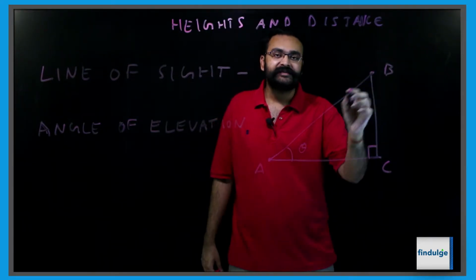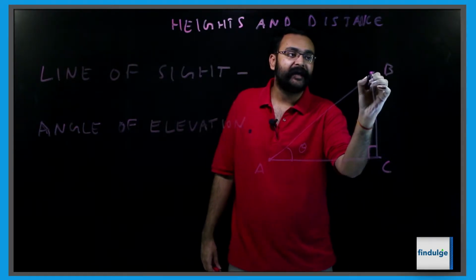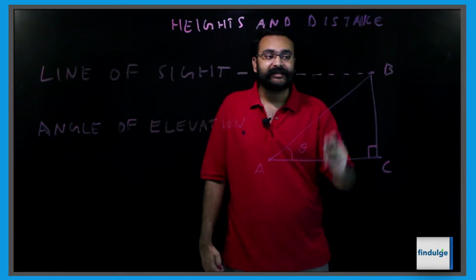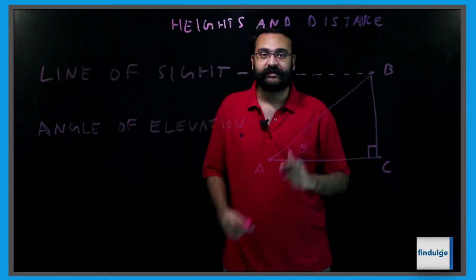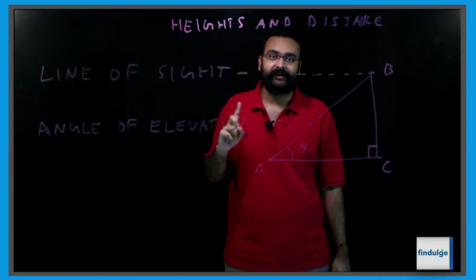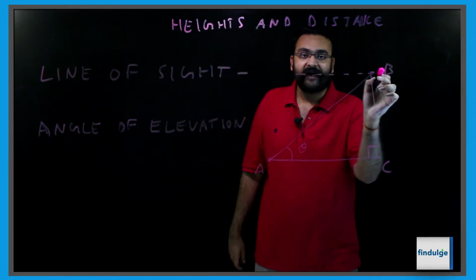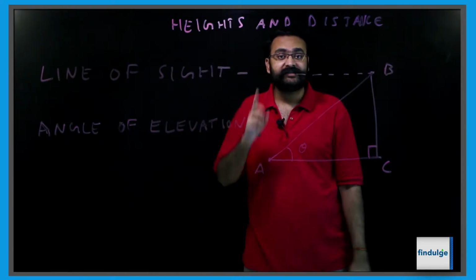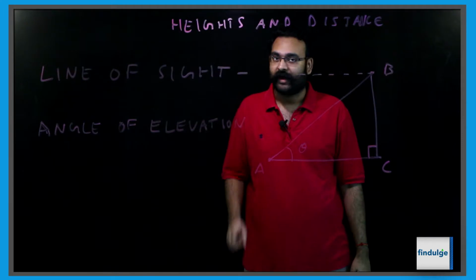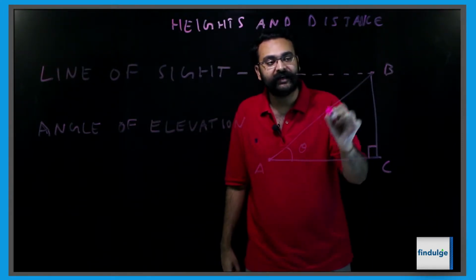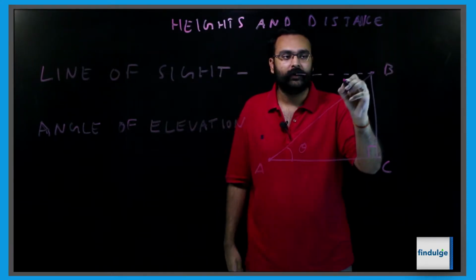Now let's draw a line over here that is parallel to AC. If you go back to class 7, 8 maths, if I have two parallel lines, then AB is a transversal, and the property of a transversal is that alternate interior angles are equal.